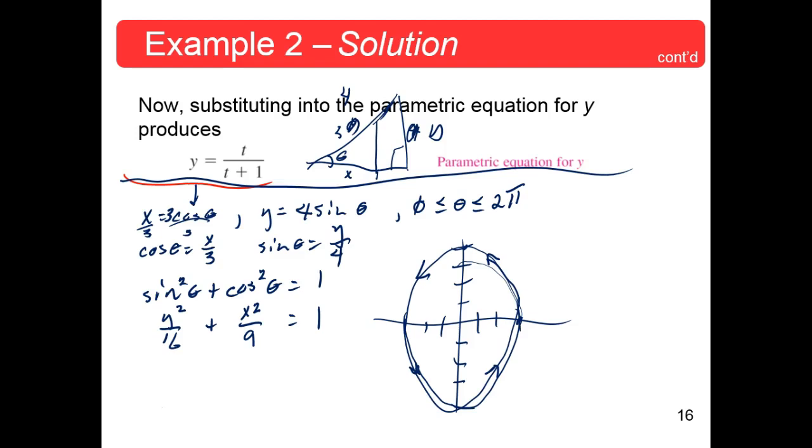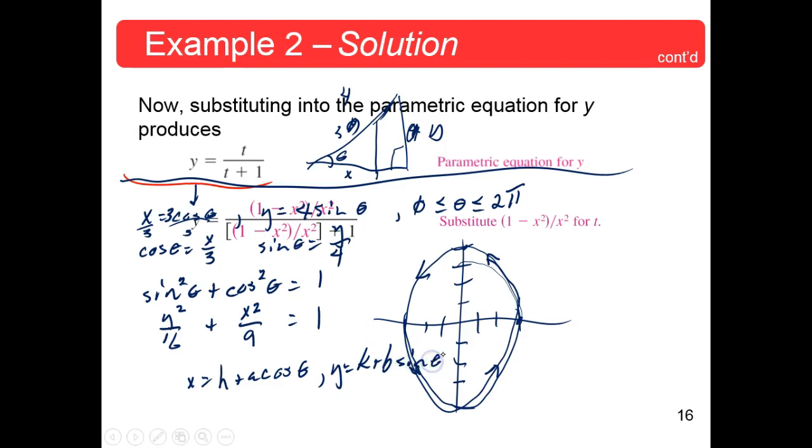Using the technique shown in this example, you conclude that the graph of a parametric equation, so here's another little note added at the bottom, x is equal to h plus a cosine theta, and y is equal to k plus b sine theta, when theta is 0 to 2 pi, will be an ellipse whose center now is not at the origin but is at the point (h, k). h for x and k for y.